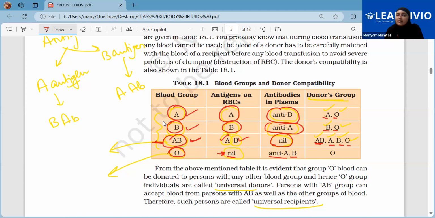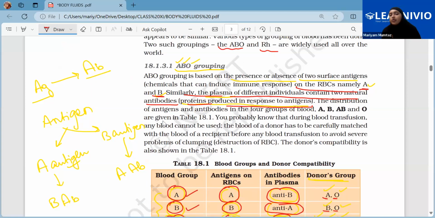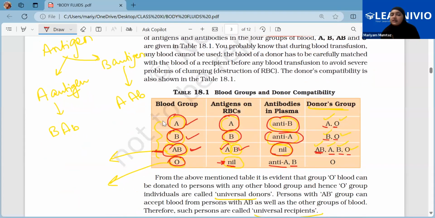Always remember that antigens give rise to antibodies. This is the reason why the O blood group can donate to every other person, but it cannot take from any. Clear? Yes, ma'am.